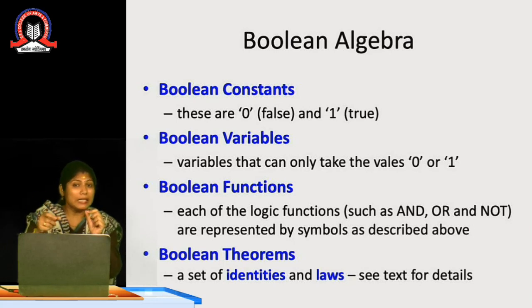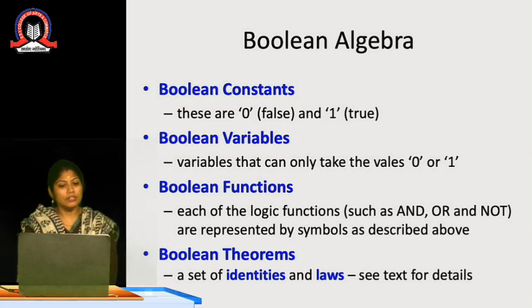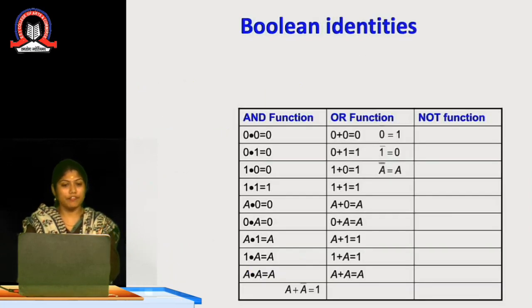Similarly OR and similarly NOT. Based on that, there are Boolean theorems also. There are some laws and identities which we have already studied in 12th class. So these expressions are also called Boolean identities.